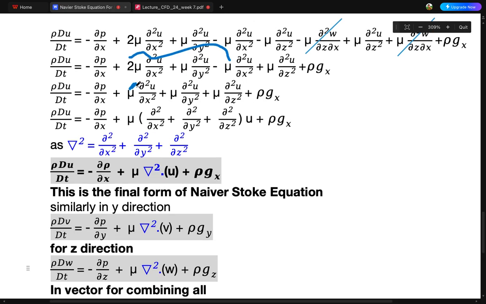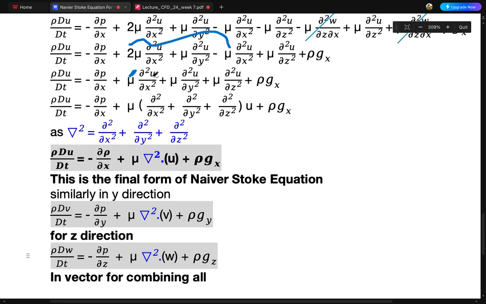So we can take mu as common, and u is common here. We can write it as gradient square. Now we put the value here.